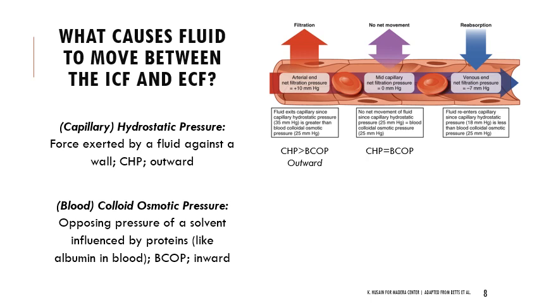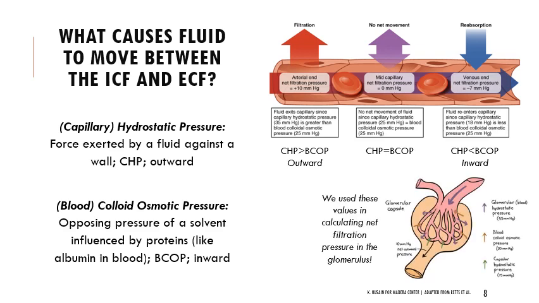The movement outward and inward equal each other and cancel each other out. And then when the CHP is less than the BCOP, then we have a net inward pressure, and we have reabsorption. So it's the movement of fluid back into these vessels.